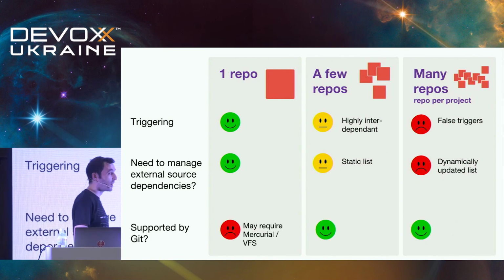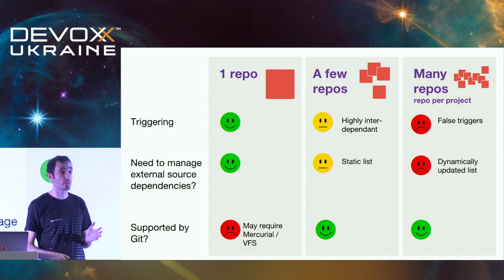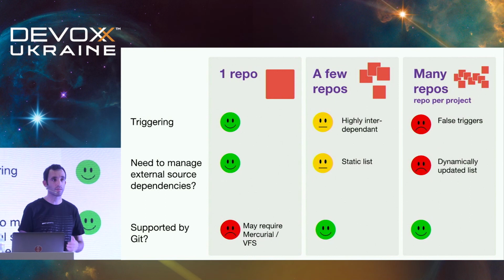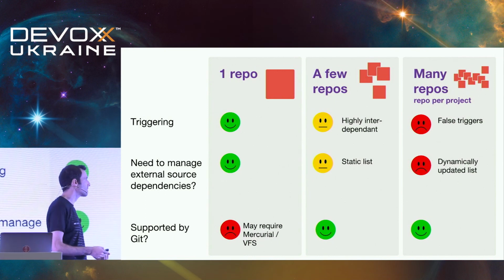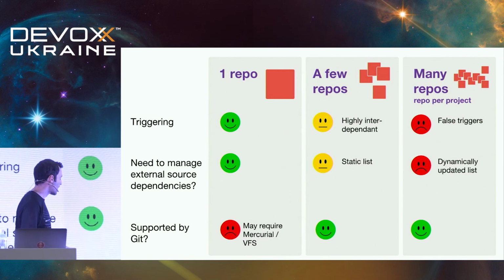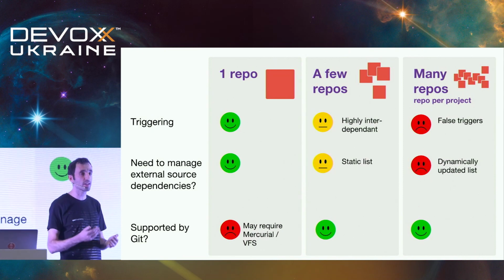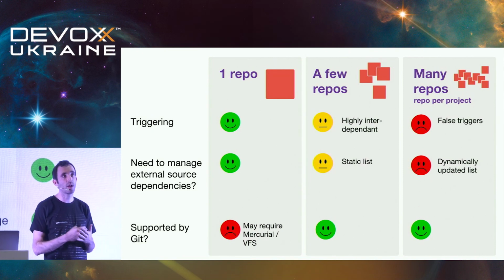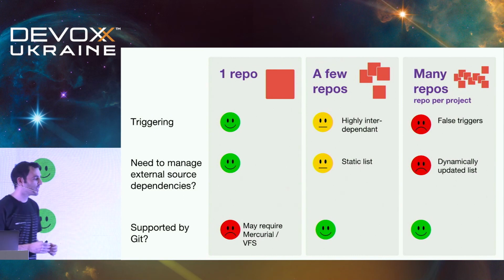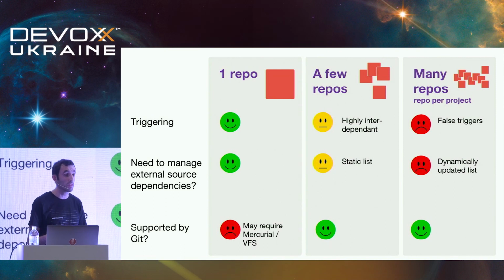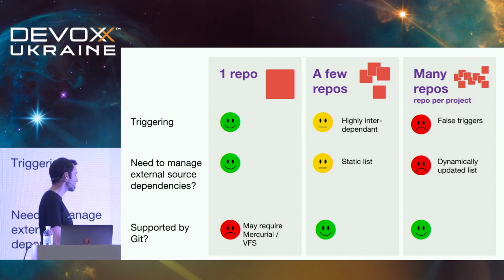Now, what about Git or GitHub support? A lot of us like to work on Git. It's become hugely popular in the last few years. And, well, if you have a large code base, you still don't have good performance with Git. So that means that you may need to move to Mercurial as a source control repository.